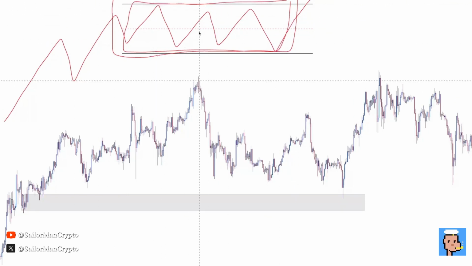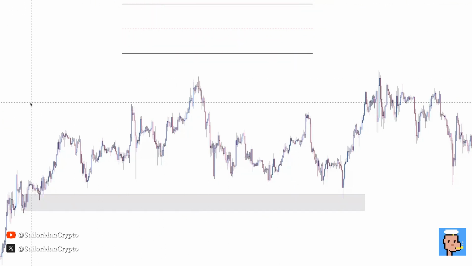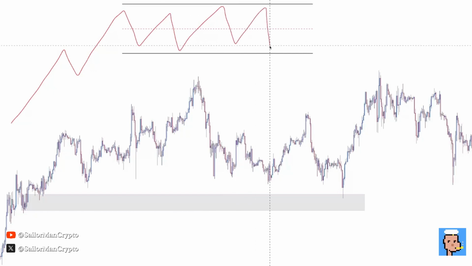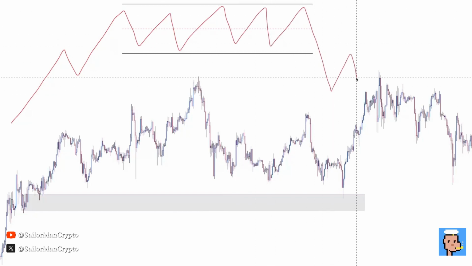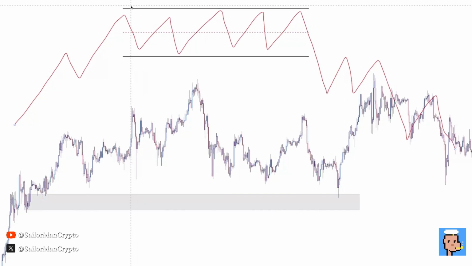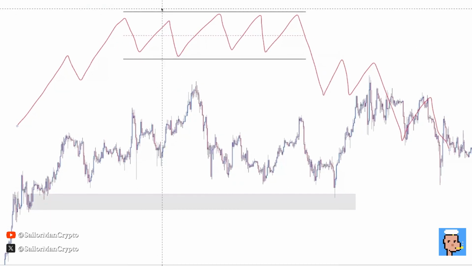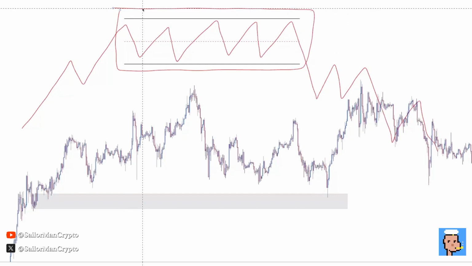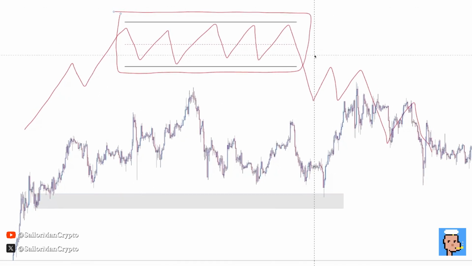Or ranges can be distribution ranges, reversal ranges: a trend is moving higher, we range for a bit and then we start to break down. In this case, this resulted in a distribution where the market maker took profit, and a reversal range.